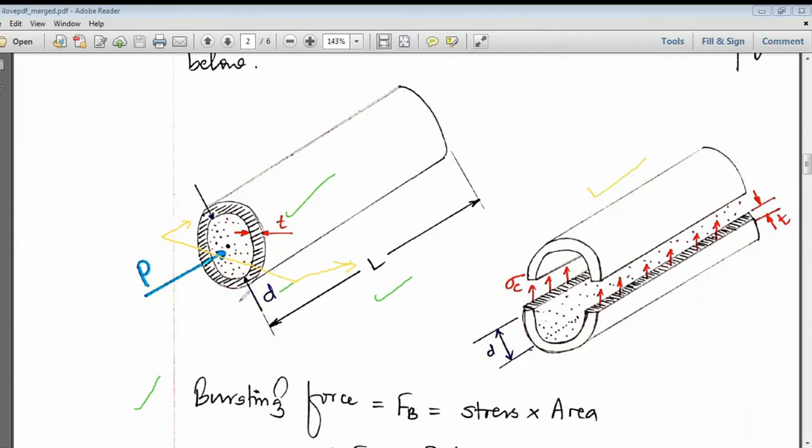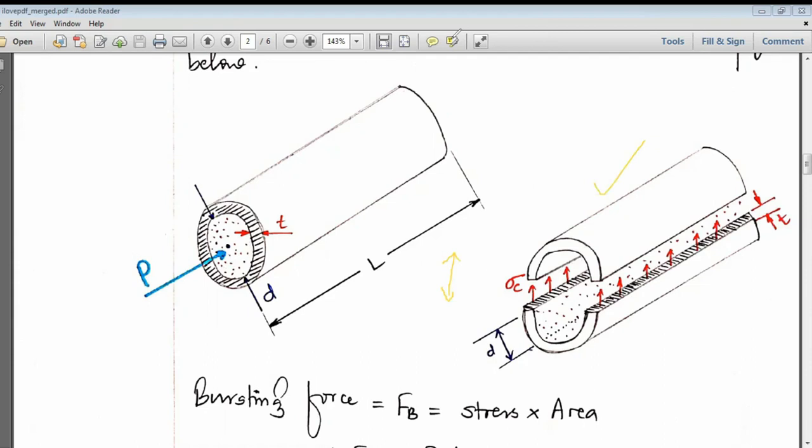Why have I taken the section in this direction? I am assuming that because of the fluid pressure stored inside, the cylinder will burst along this direction. If the cylinder is going to burst along this direction, this will be the cut section.